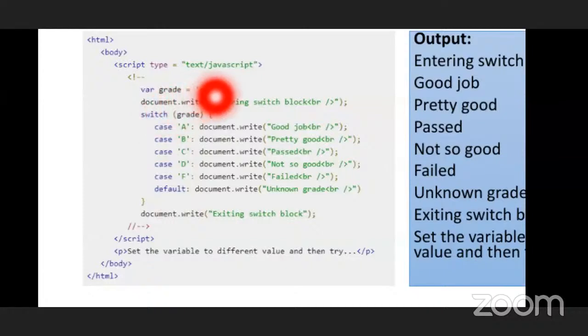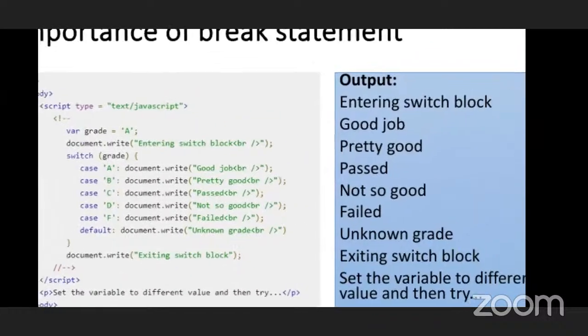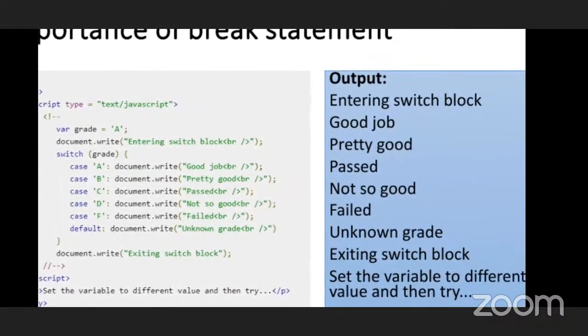Even though the given expression value matched with the first case only, the remaining cases also will be executed because there is no break statement. There is no terminating point for the case. You have not separated the cases. That's why whenever it finds a matching case, from that case onwards, all remaining cases also will be executed. That is the reason we are getting all these in the output.